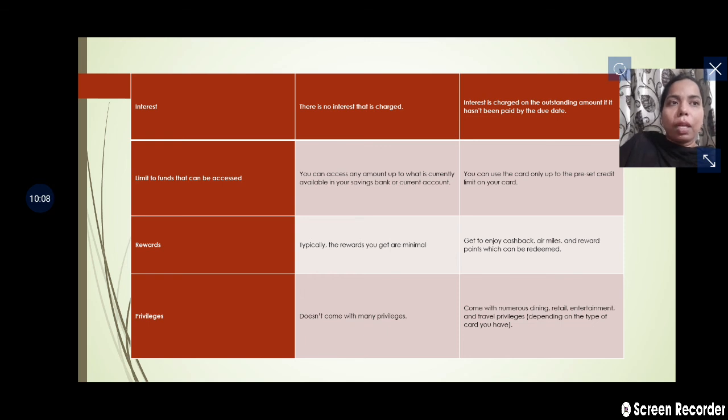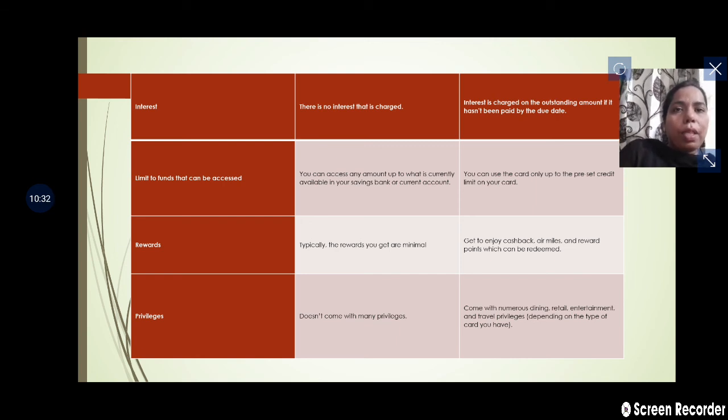But in the case of the credit card, there are many privileges. These privileges are related with dining, similarly the entertainment and travel privileges which a card holder can enjoy. So these are all the differences between the debit card and credit card.